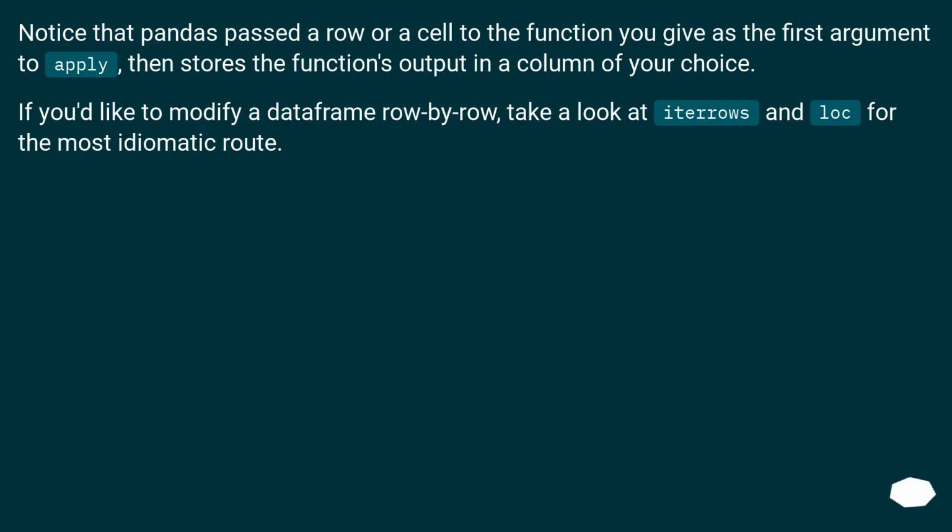Notice that pandas passed a row or a cell to the function you give as the first argument to apply, then stores the function's output in a column of your choice. If you'd like to modify a data frame row by row, take a look at iterrows and loc for the most idiomatic route.